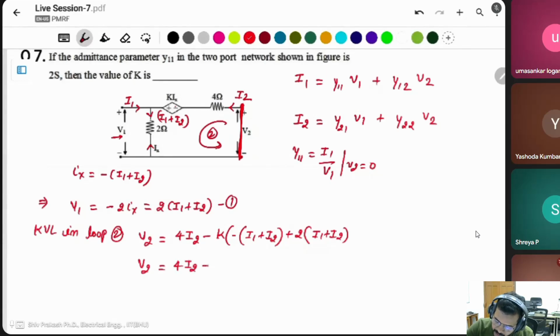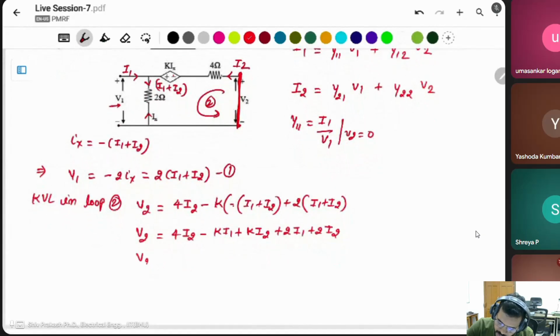So 4I2 minus K times I1 plus I2 gives plus K I1 plus K I2, plus 2 I1 plus 2 I2. Then V2 is equal to 4 plus 2, that is 6 plus K, times I2. Oh, this negative will be positive. Plus 2 plus K times I1.